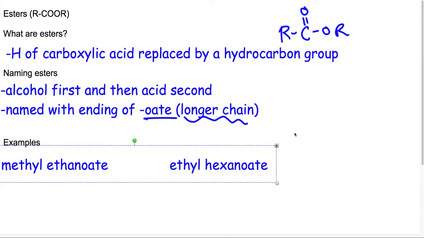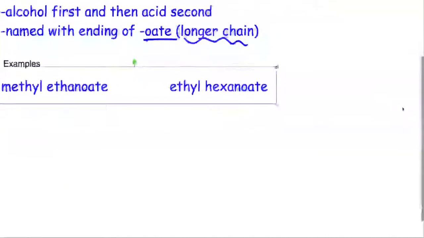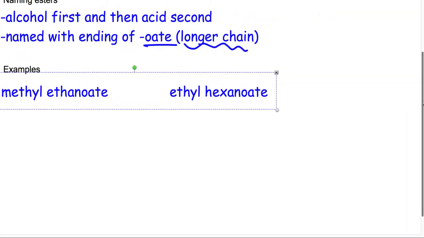We give the oate. So how these get named, I have 2 examples. The first is methyl ethanoate, which means I have a methyl group, so I've got a CH3, and then ethanoate. So that means I'm going to have the O, because there's my substituent, the methyl. And I have C double bonded O, and it's an ethane, which means I have 2 carbons.